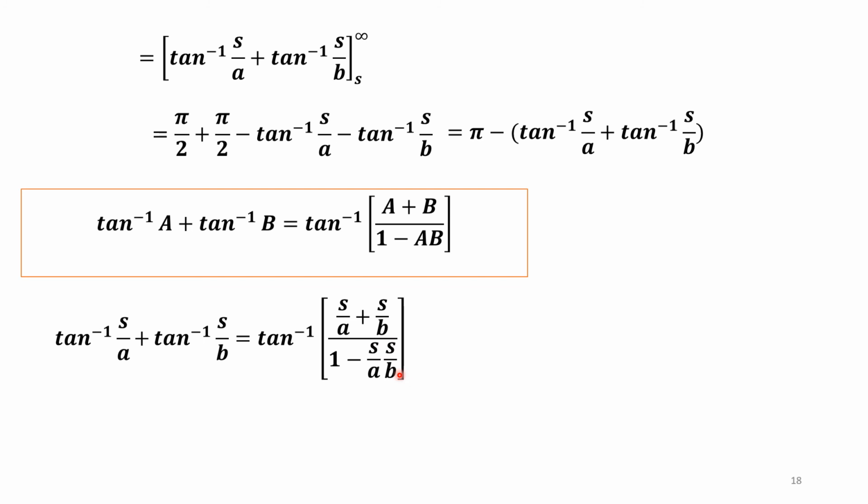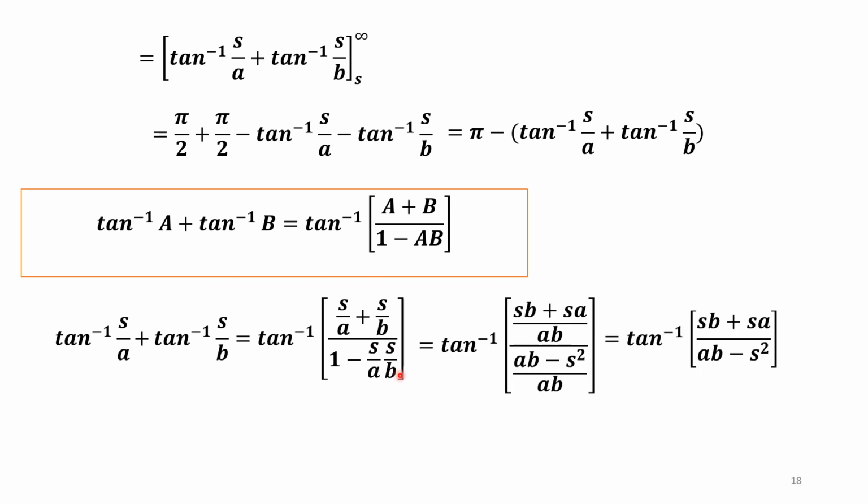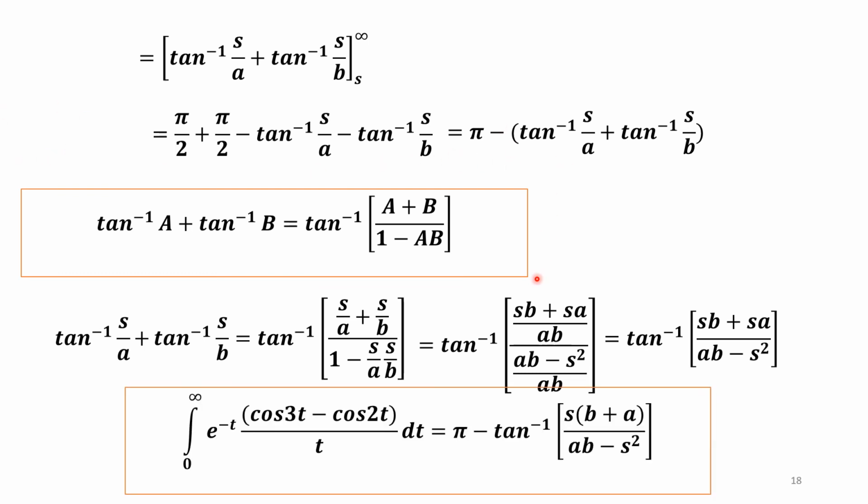So ab will get cancelled. We will have (sb plus sa) upon (ab minus s square). That is the answer for tan inverse of s by a plus tan inverse of s by b. But the given integral is equal to pi minus this answer, which is the required result.